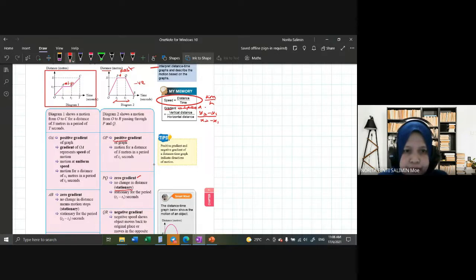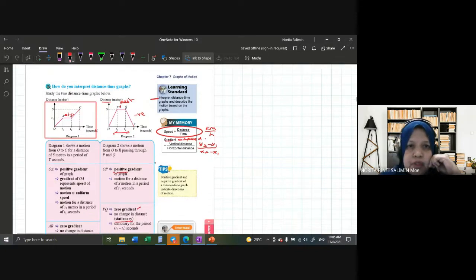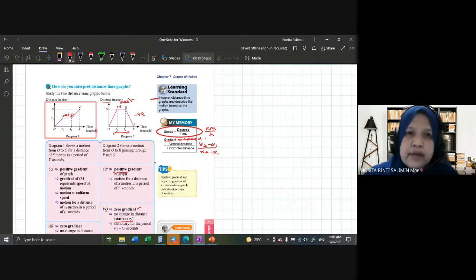Then negative gradient. What are the meanings of the negative gradient? The negative speed shows the object moves back to the original place or moves in the opposite direction. That means from Q to R, dia patah balik lah. He goes back to where he started. Okay. Can you understand the difference between two graphs?